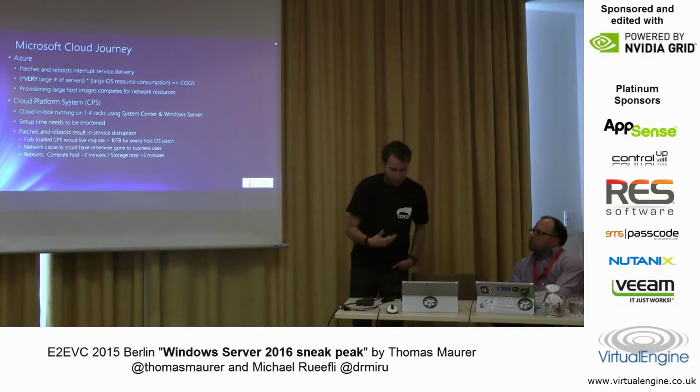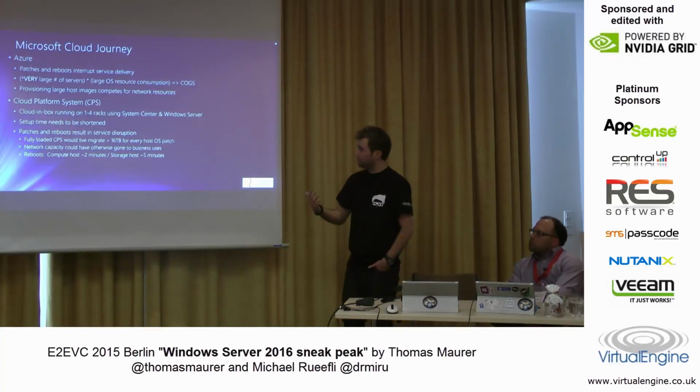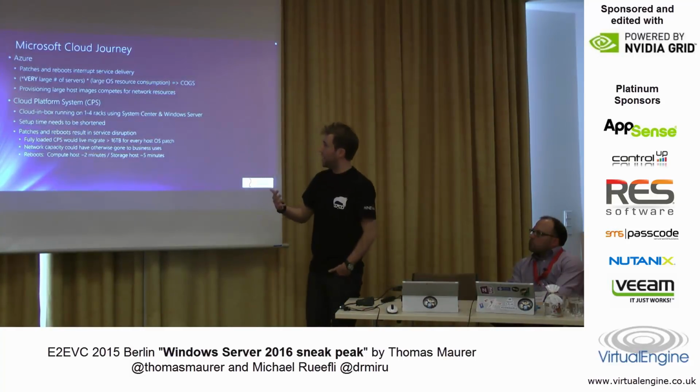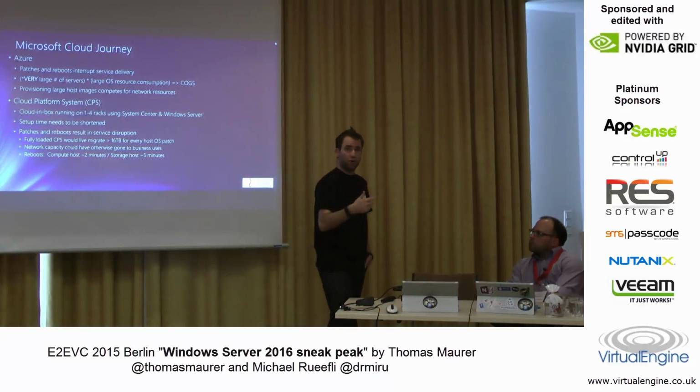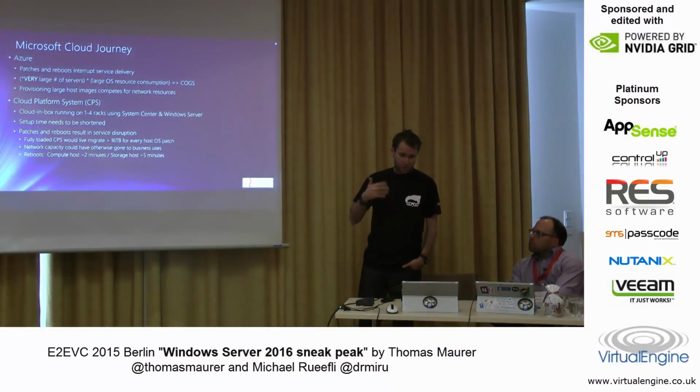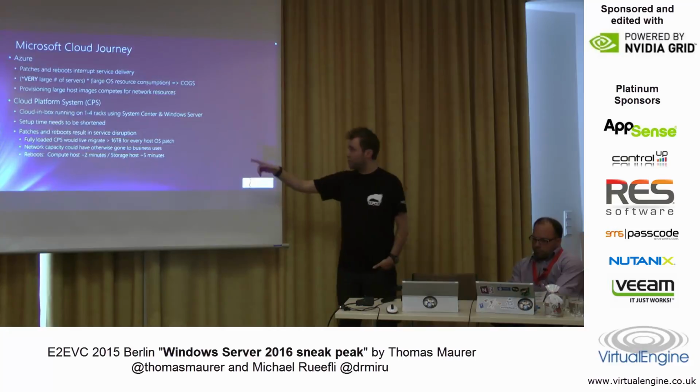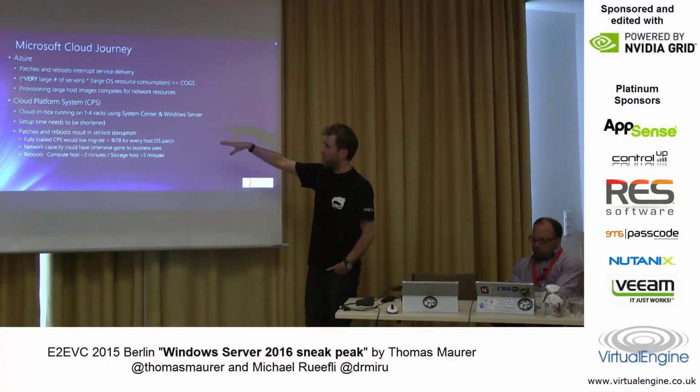So where are the other problems? One thing is, Azure, for example, has a huge amount of servers, and they're all running Windows Server 2012, and there is a huge amount of patching involved in that. Also, if you know about the Cloud Platform System, they're building the whole stack on 2012 R2.